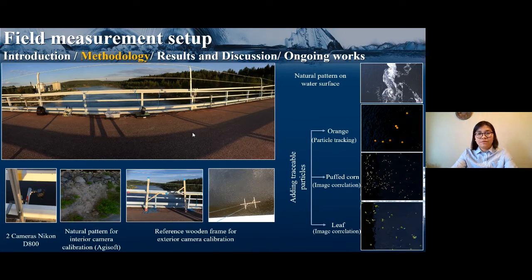Unfortunately, when we performed our measurement later in June, during the measurement campaign, the water there was so clean and there was not such a natural structure on the water surface. So we used some kind of seeding particle instead. Here are the oranges, and this one is popcorn, and we also use a cross leaf to sit on the water surface.